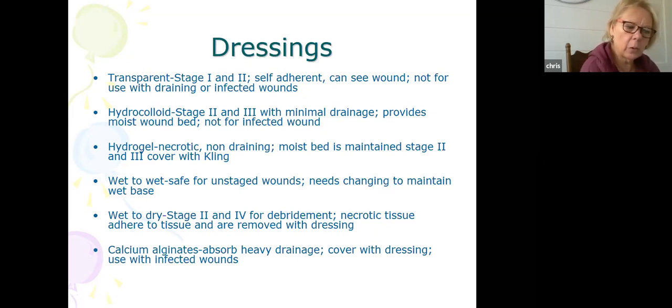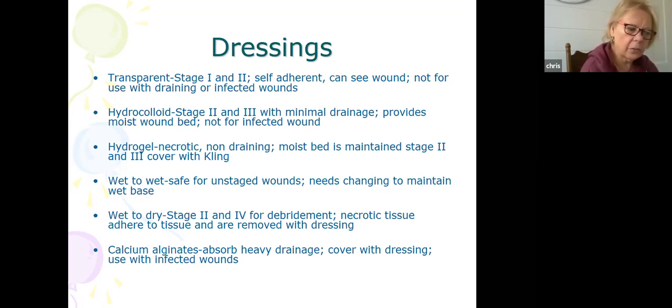They can be used for autolytic debridement. They don't allow bacteria or moisture to get into the wound. It's self-adherent. It's not for use with a wound that's draining or infected, and they're just for stage 1 and 2 wounds.